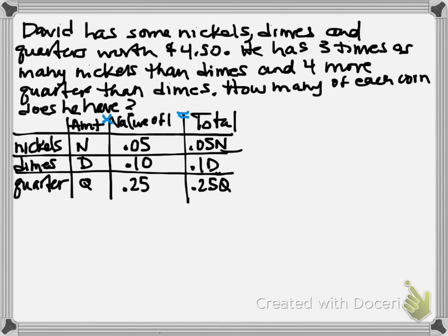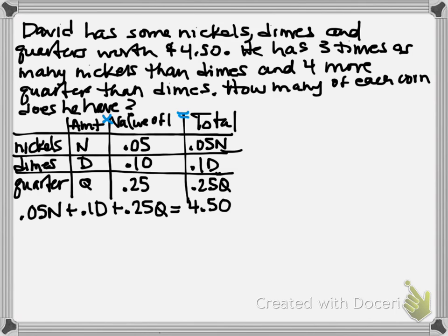So I can write an equation that deals with money, taking the last column, 0.05N, and adding them up, and setting them equal to how much they're all supposed to be. Fantabulous, except for, I've got 3 unknowns. And that's not going to work for me. So that means I better read some more, and there's probably something involved in the problem that's going to help me. So then I read the second sentence.